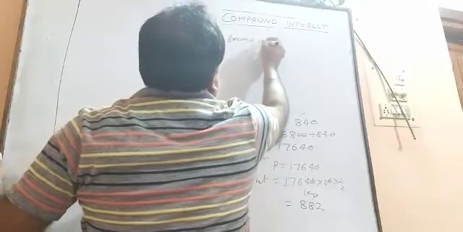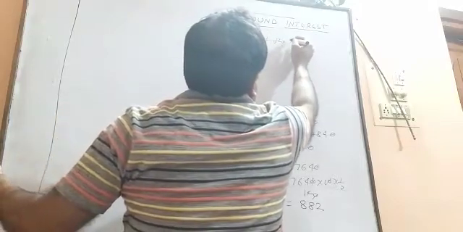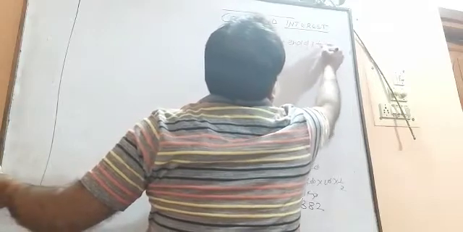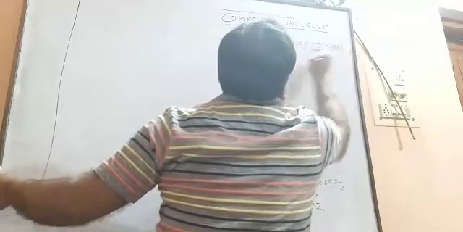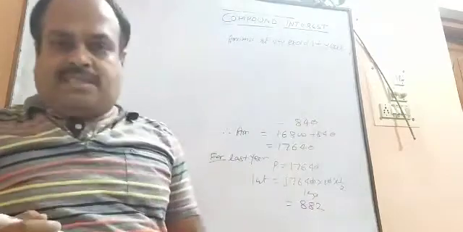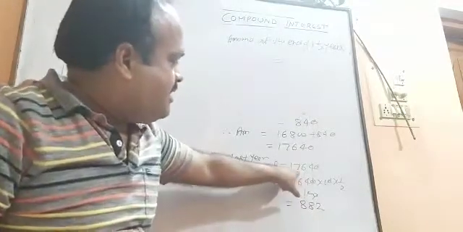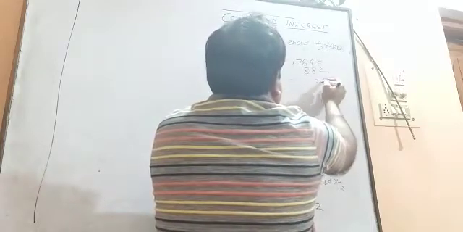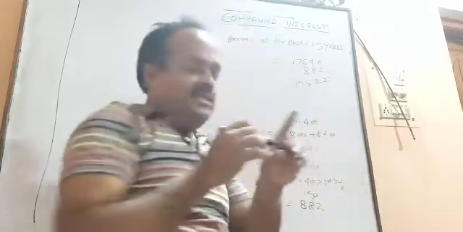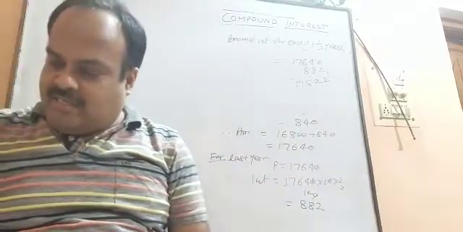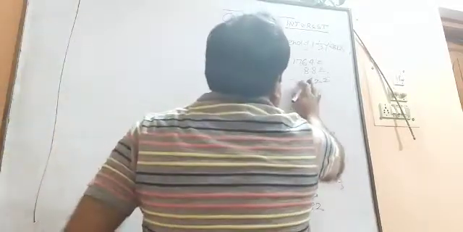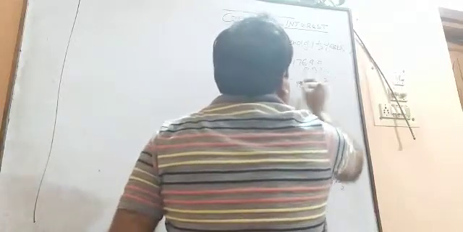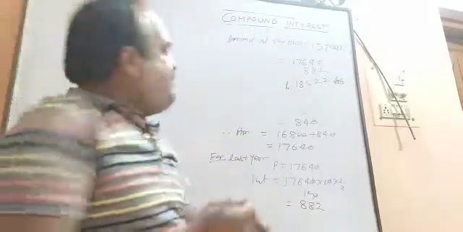Therefore, amount at the end of 1 and 1/2 years is equal to principal for third half year 17,640 plus interest 882, which is 18,522 rupees.